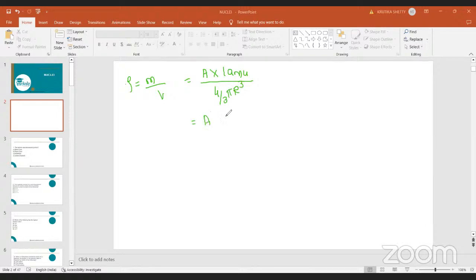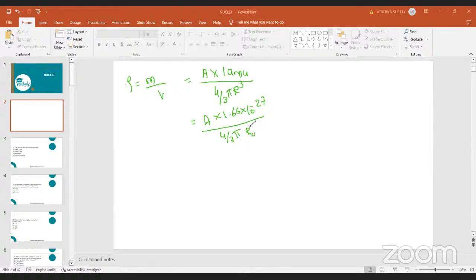So 1 AMU in terms of kg I'll substitute. It is 1.66 into 10 raised to minus 27. Then 4/3 pi r cubed is there. I just told you the radius value, which is R naught into A raised to 1/3.